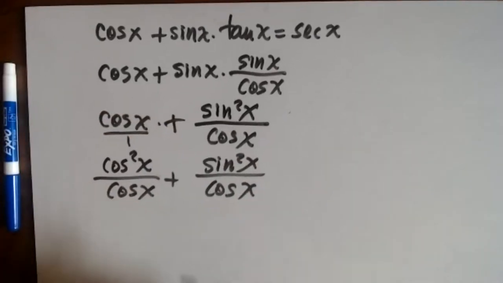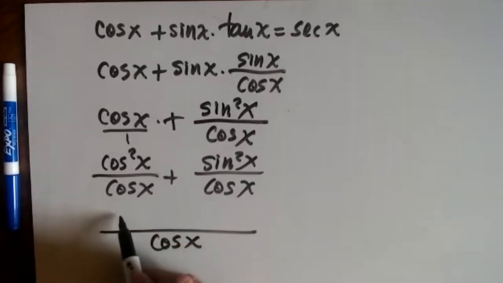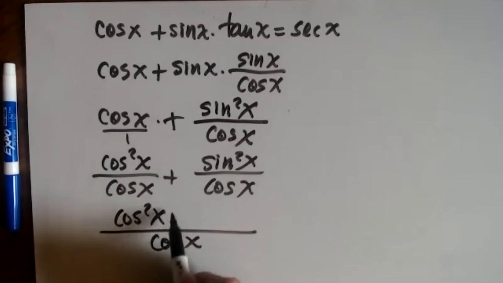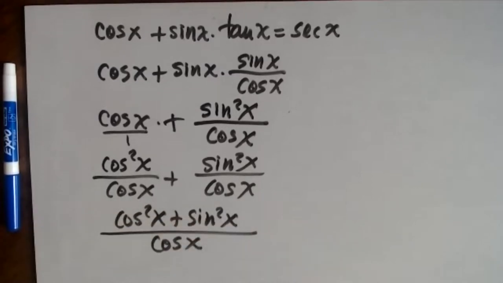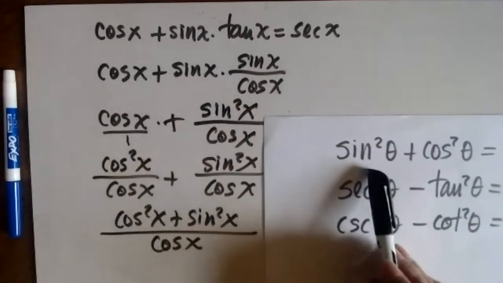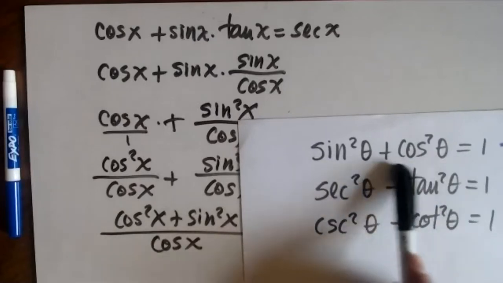So this is going to be one line over cosine x, and then you have cosine squared x plus sine squared x at the top. Now, at the top, you have your primary Pythagorean relationship. You know that sine squared plus cosine squared is 1.